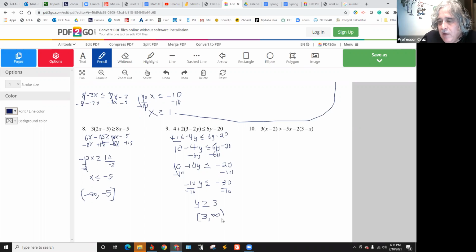So you have to get that part right, or if we're dealing with a line, as long as you're able to come up with those last two. Because like I said, if I had worked with the y's on the other side, I would have had 3 is less than or equal to y, which means the same thing.